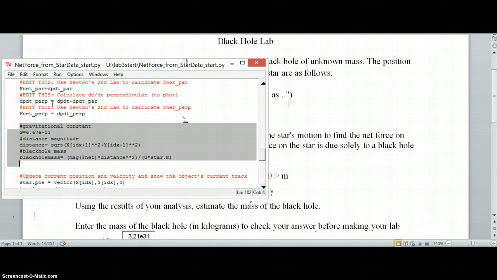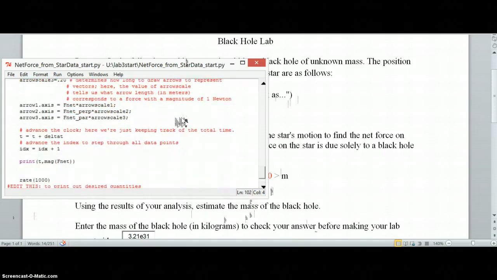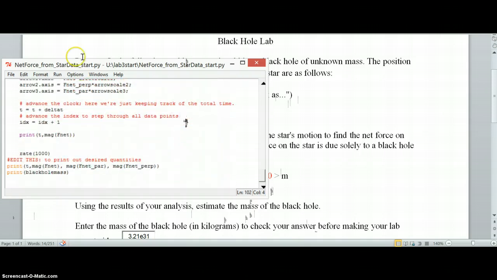And then for calculating the black hole mass, use the equation of Fnet times the distance or the radius squared divided by our constant G times the mass of the star. And that information gave me the mass of the black hole. Also, the appropriate scales for each arrow for my Fnets, and had it print out that information.